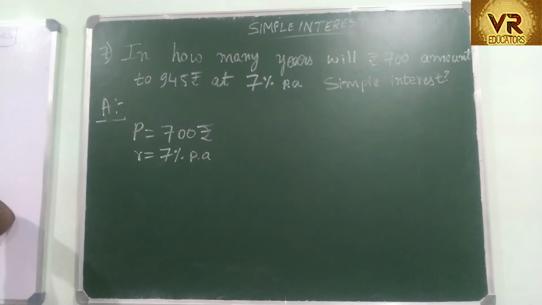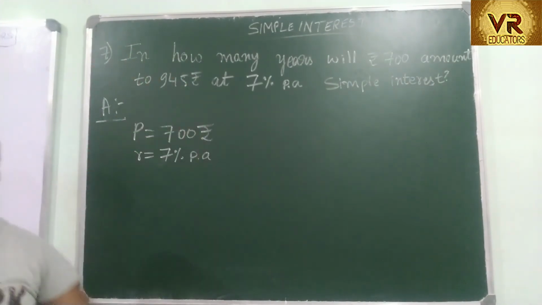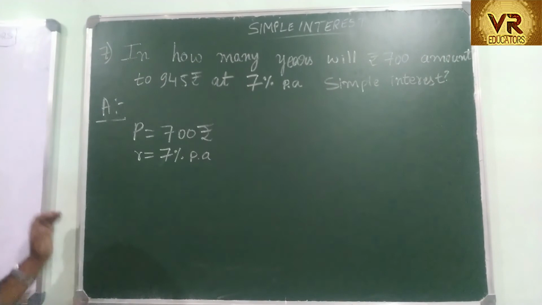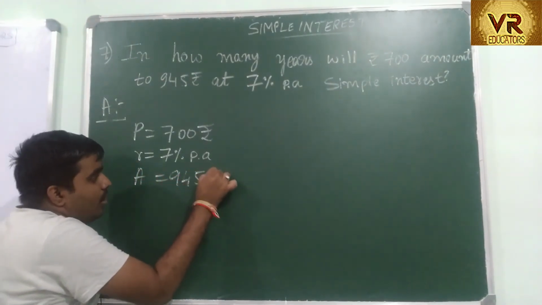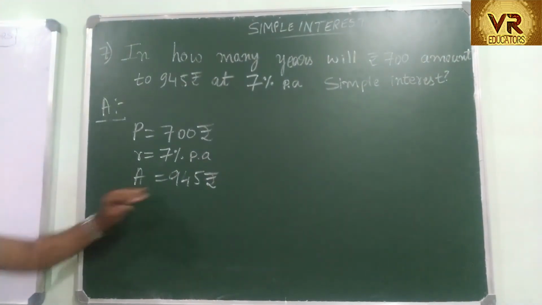So what are they asking? They are asking that you are giving 700 rupees at a rate of 7%. You should get back 945 rupees. That is the amount. So the amount is 945 rupees. So how long will it take? What is the time required that you should get back 945 rupees?